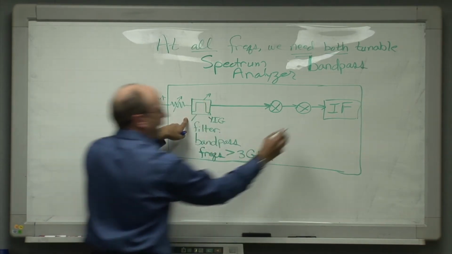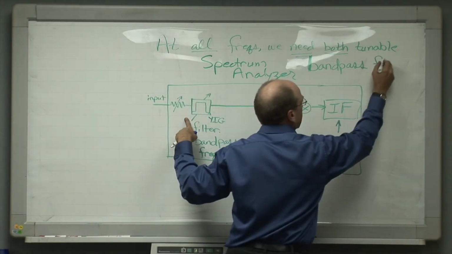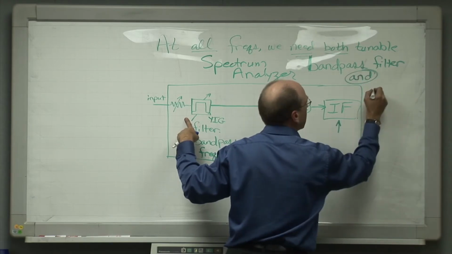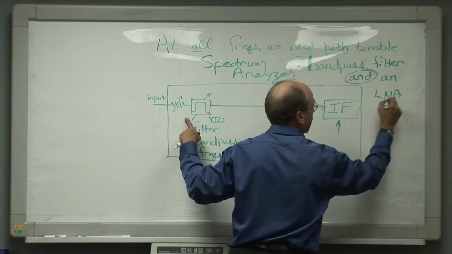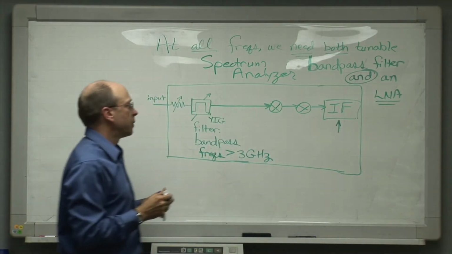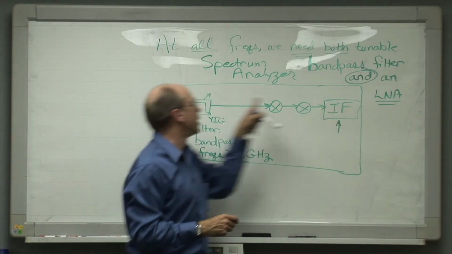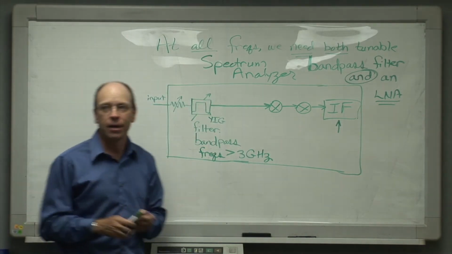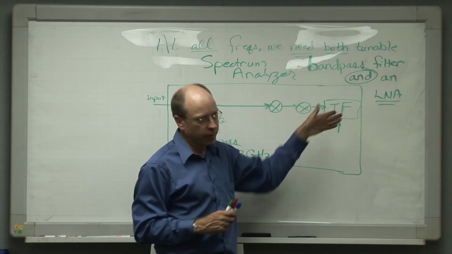This thing will track whatever frequency we're trying to measure down here at the IF. A tunable bandpass filter and an LNA, a low noise amplifier. Both. We need to get both. And we typically don't get both of these features, a tunable bandpass filter and an LNA, in the spectrum analyzer at all frequencies. You may get this combination on some frequencies. In some analyzers, you won't get it on all.